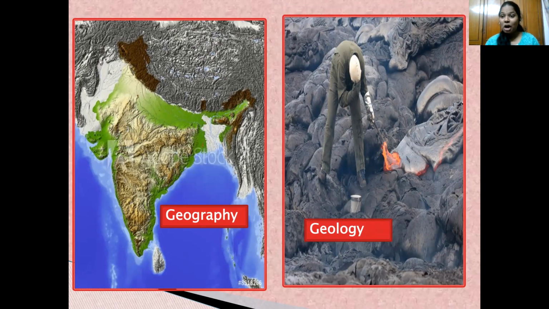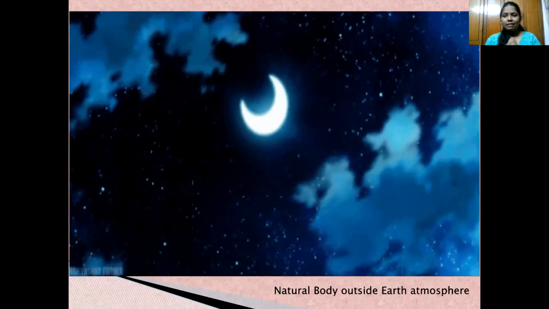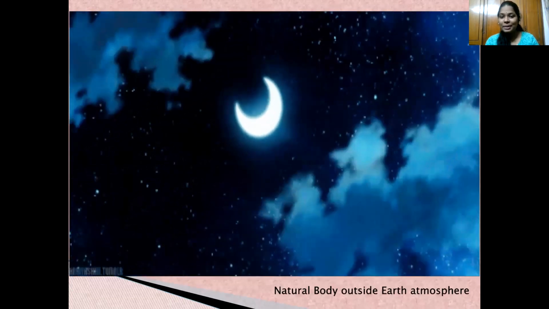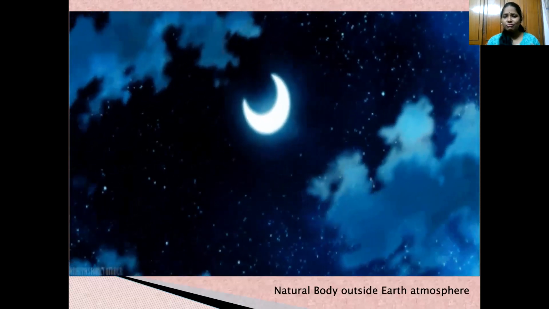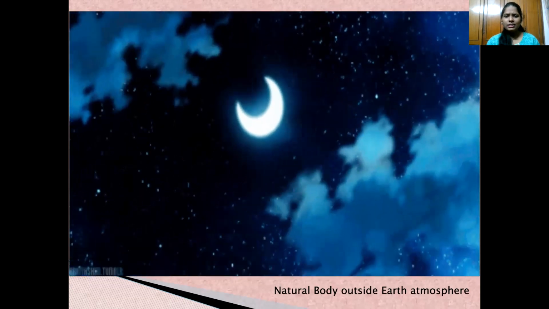So this is the basic thing. Coming back to our subject, that is geography. In this, our first chapter is the Earth in the Solar System. I especially like to look at the sky at night, right? It looks very beautiful, like the moon and the stars. So what are all these things?